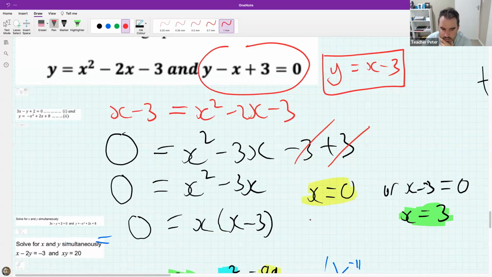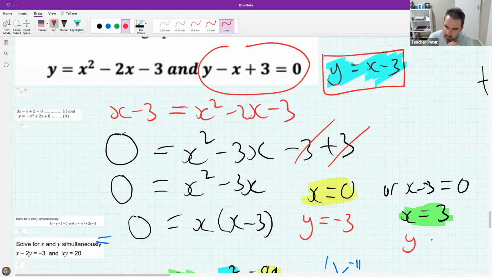So I think that I would use this bit up here. It's too dark. So we know that y is x minus 3. So if we know that x is 0, well, 0 minus 3 is just minus 3.